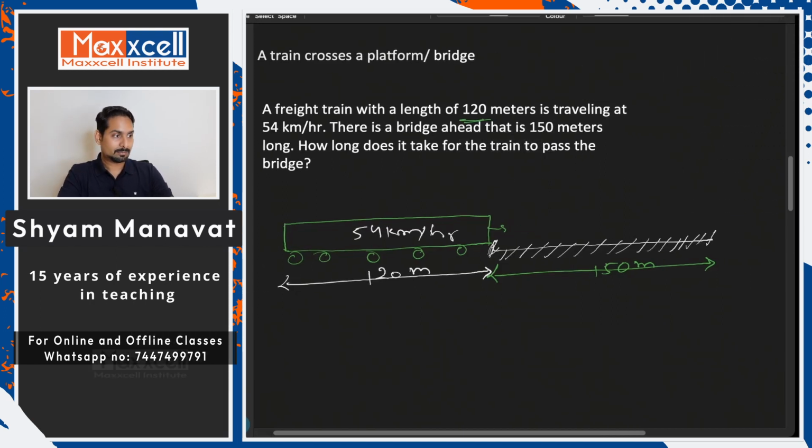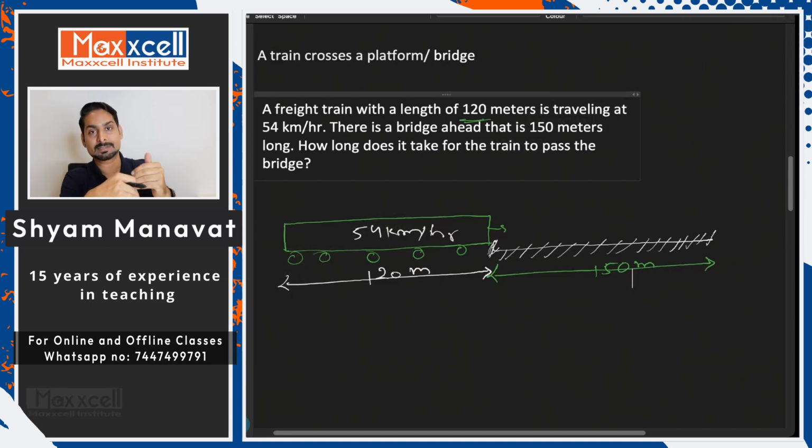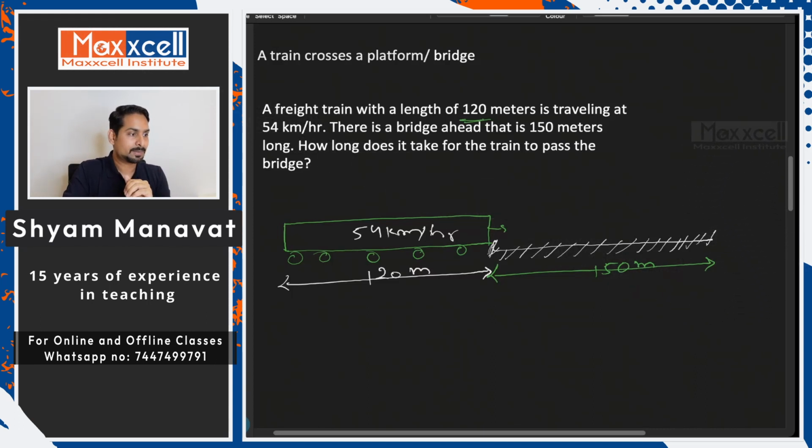Now here, the length of the train. Confusions: when the train started crossing this bridge, we have to consider the engine part is next to the point from where the bridge is starting, unless they have said there is a distance of some meters between the bridge and the train. In this question you will not find this.